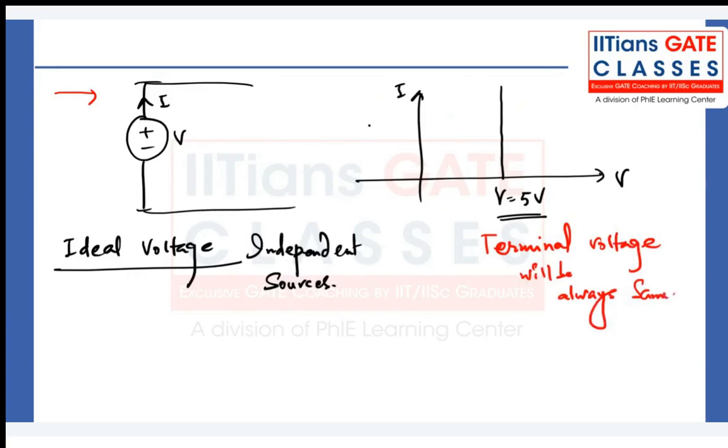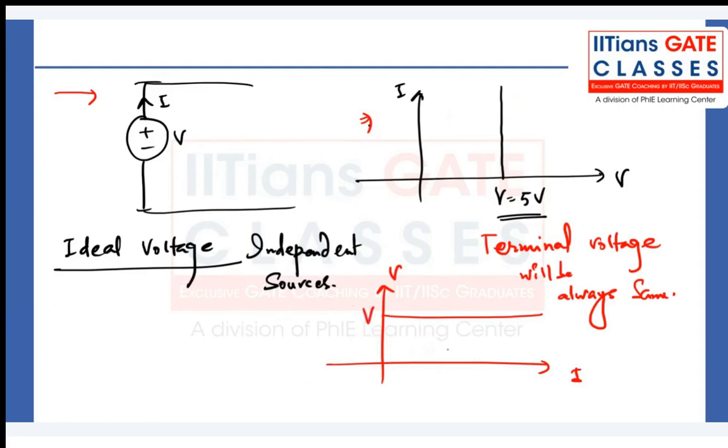So this is the IV characteristic. You see there is a line which is parallel to the current axis, and this voltage we have kept here. If you keep voltage here and current here, it will look like this. This is how we can draw the IV characteristic, and this is also the VI characteristic. Both are the same.